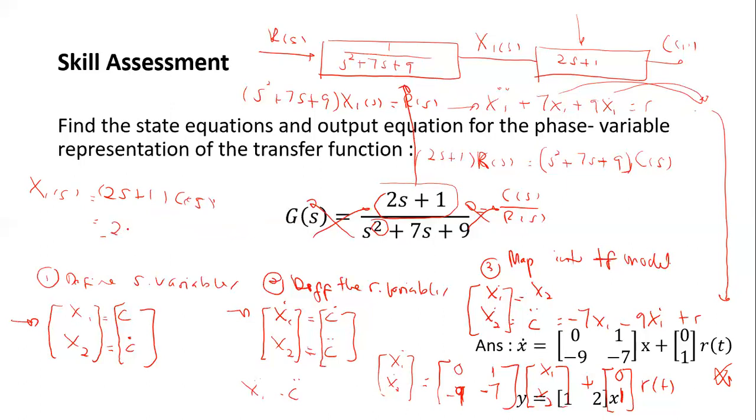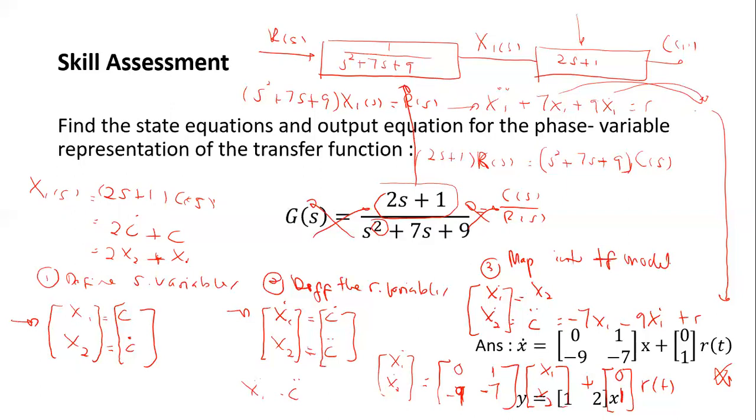So it will be 2 C dot plus C. Here C is the output, so look at the state variables: C dot is equal to X2, so it becomes 2 X2, and C is equal to X1, which is equal to Y, the output.